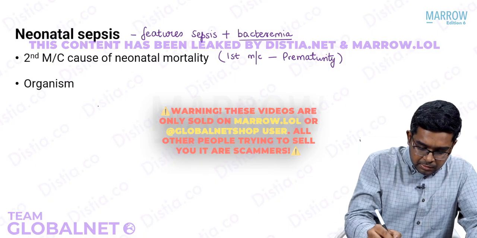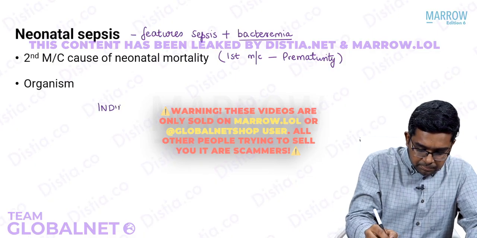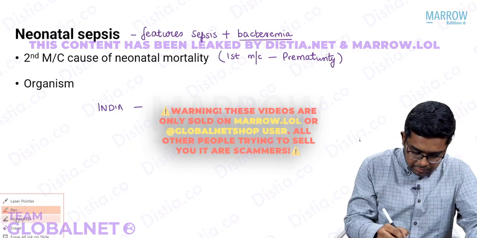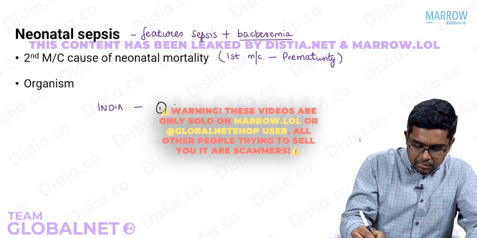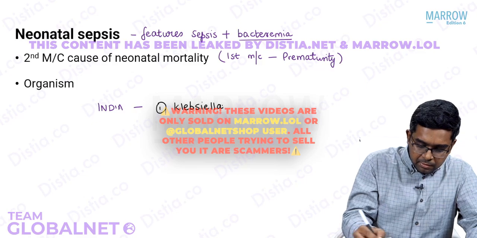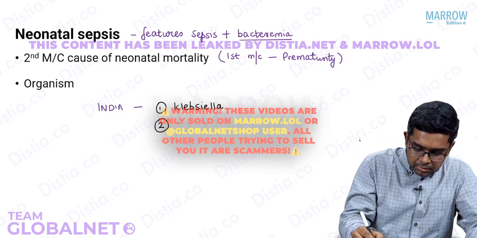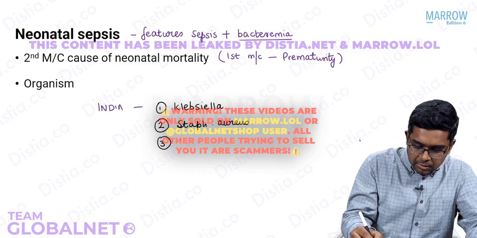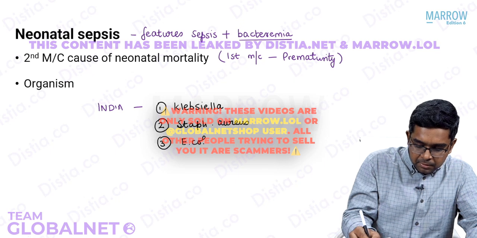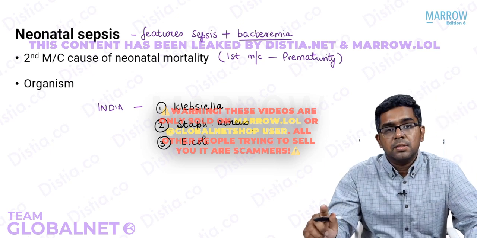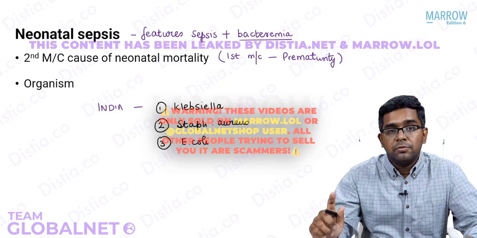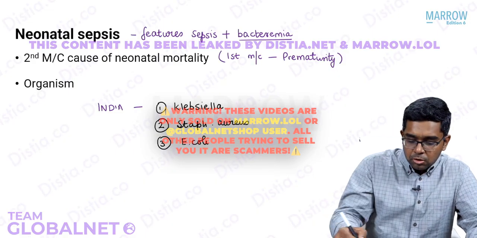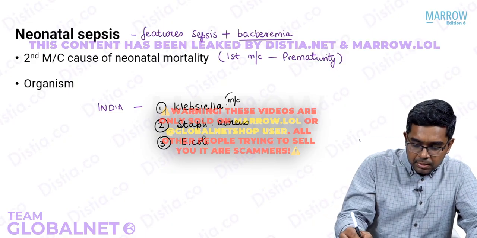In India, the number one organism is Klebsiella. Number two, Staphylococcus aureus. And number three is E. coli. These are three important organisms which cause sepsis in order of frequency in India. Most common overall is Klebsiella.